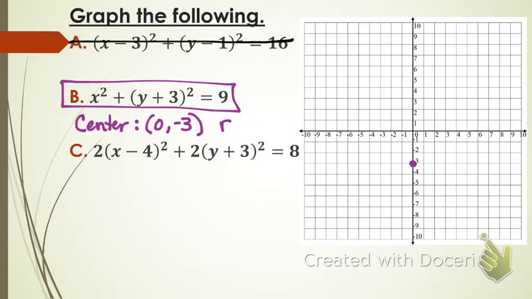And what's the radius here? 3. Again, we do the square root of whatever comes after the equal sign to get our radius. So from that center, I'm going to count out in all 4 directions so that I can get my reference points to sketch in my circle. 1, 2, 3, 1, 2, 3, 1, 2, 3, 1, 2, 3. There we go. And then do your best to make it look like a circle.